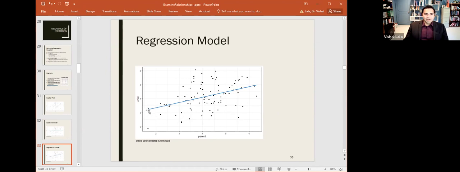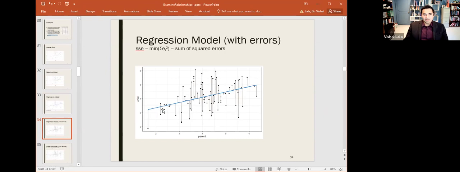Simply adding up the deviations below the line and above the line will give us a 0, because the regression model is designed to fit the points as best as possible so that deviations above the line and below would cancel out. Therefore, to construct an index of regression model error, we need to square all the errors and sum them. This gives us a measure of sum of squared errors.